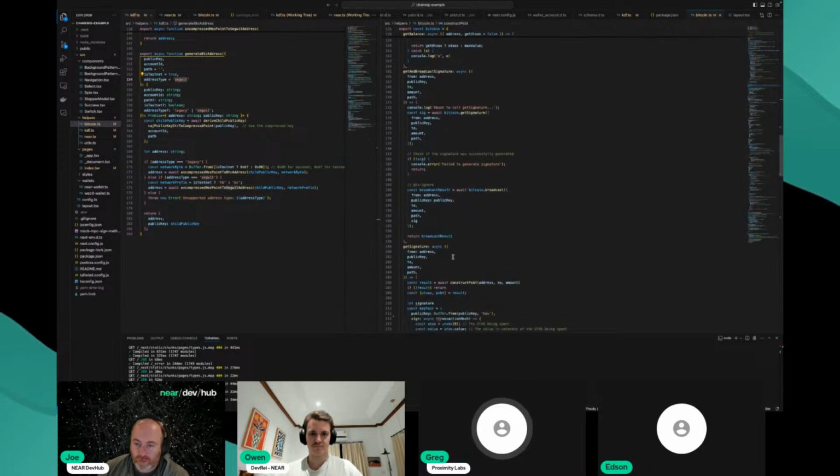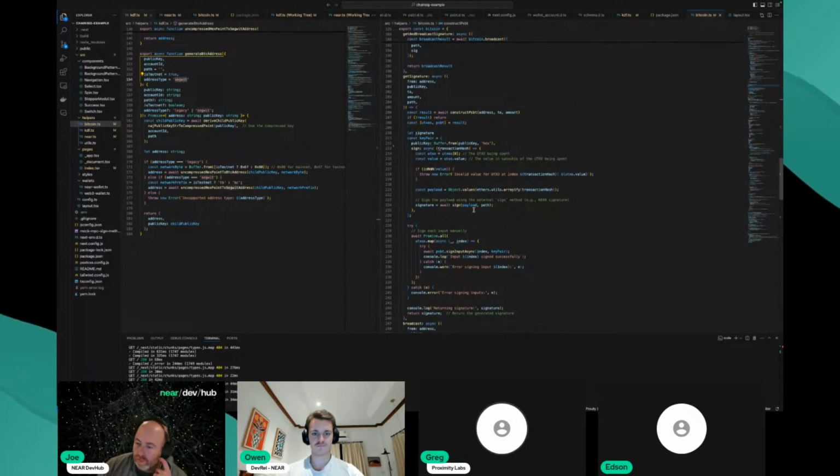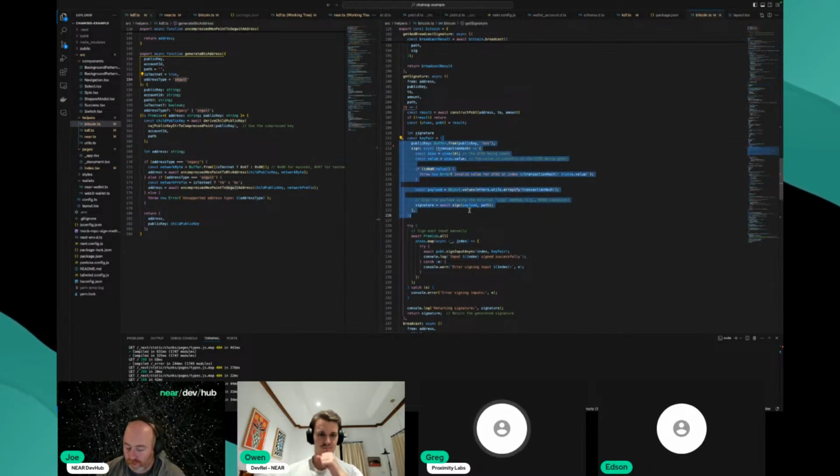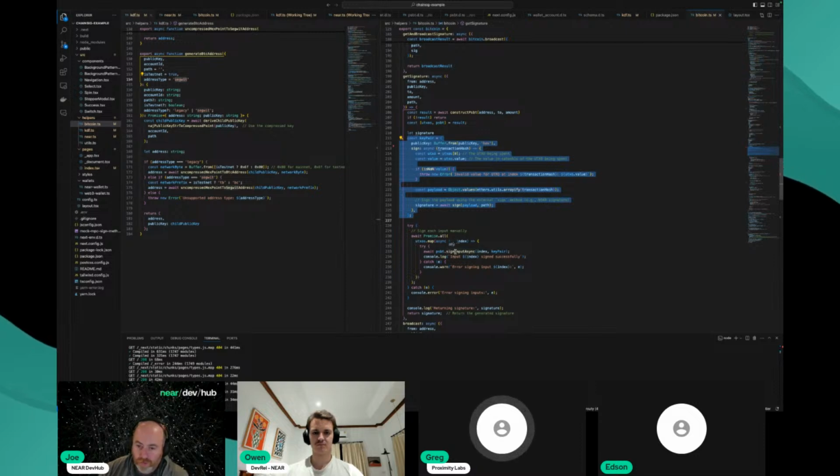And so once you have that transaction constructed, this is also kind of confusing. We're using Bitcoin JS lib, and the way that we get the transaction hash is we pass in this key pair object to the PSBT sign input async.